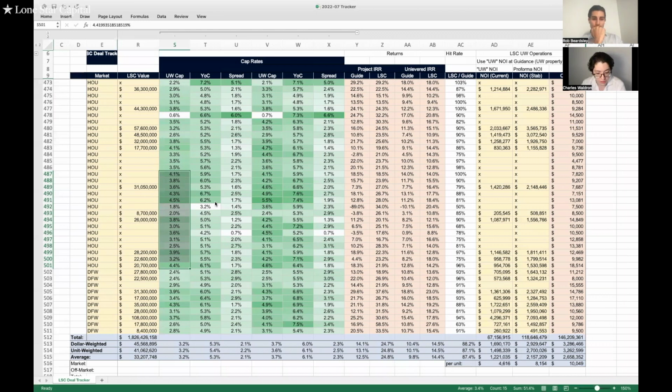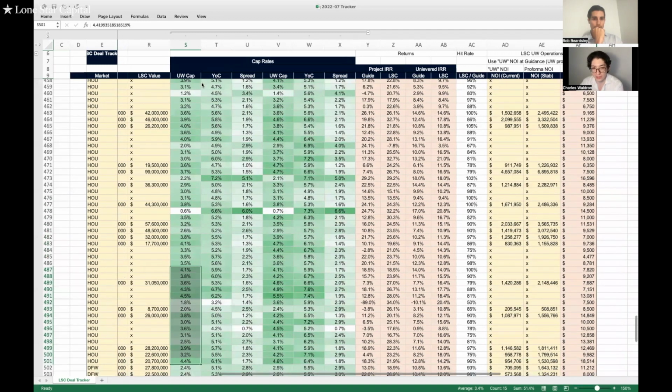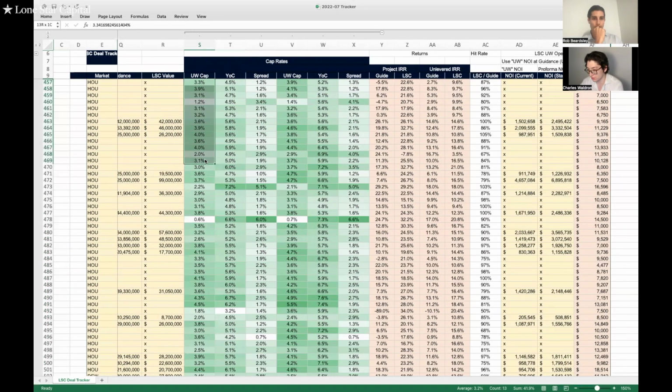So yeah, on that point about having to do something. I guess also you can see there's been some logical order. At the beginning here, we've got the first, say, 12 deals or so, average of 3.2% cap at the broker ask, and we wanted to buy at 3.6%.